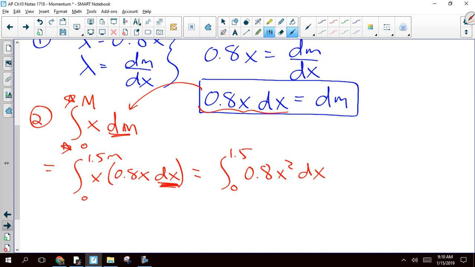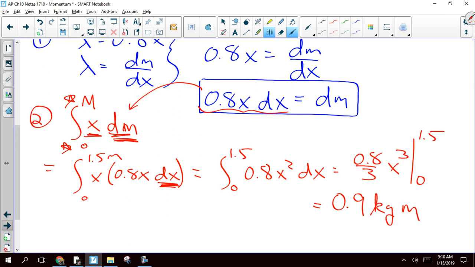That's 0.8 over 3 x cubed, and I want to evaluate between 0 and 1.5. So grab your calculator. 0.8 divided by 3 times 1.5 cubed gives you 0.9. The units: x is meters, mass is kilograms, so this is kilogram meters.